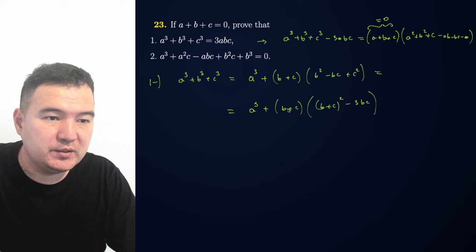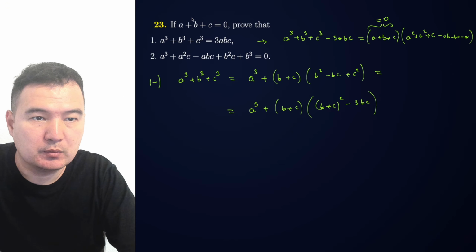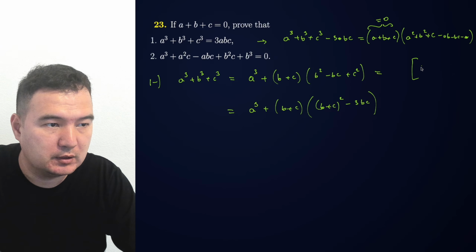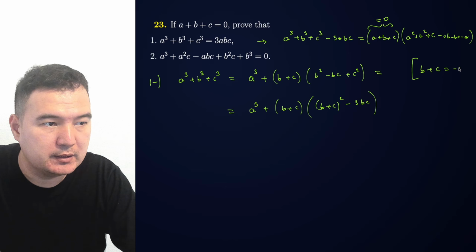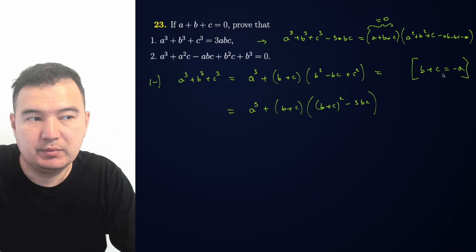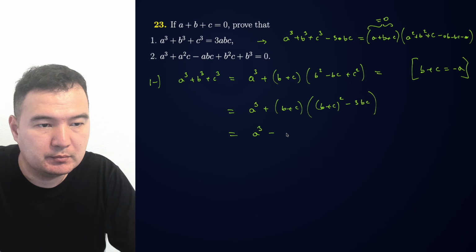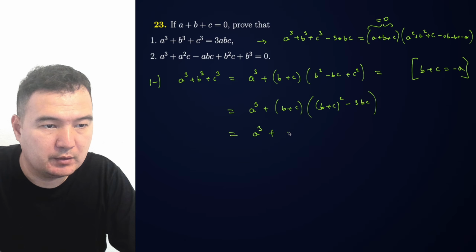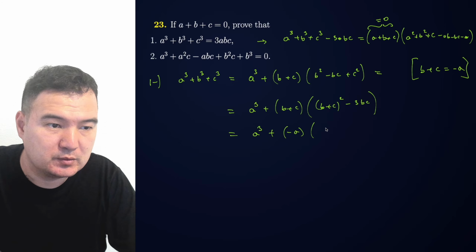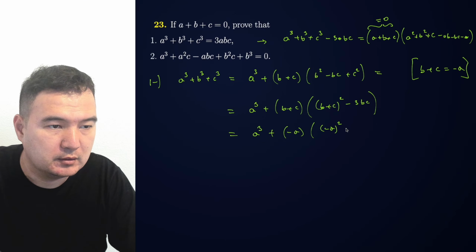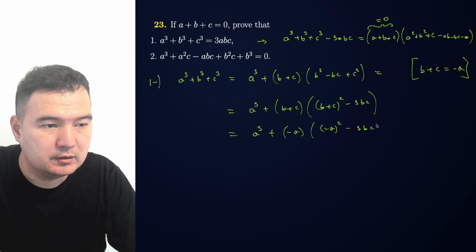Now I can replace b plus c. What's b plus c? B plus c is negative a. So b plus c is minus a. I can replace b plus c with minus a. That gives me a cube plus, we have minus a, and minus a squared, and minus 3bc.